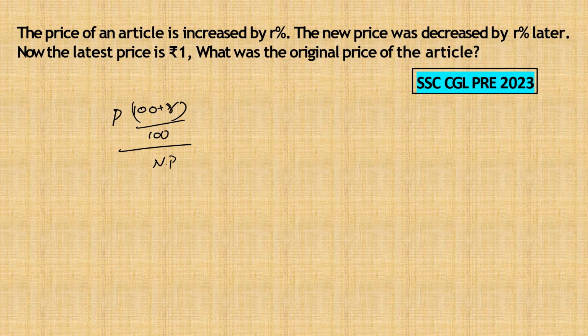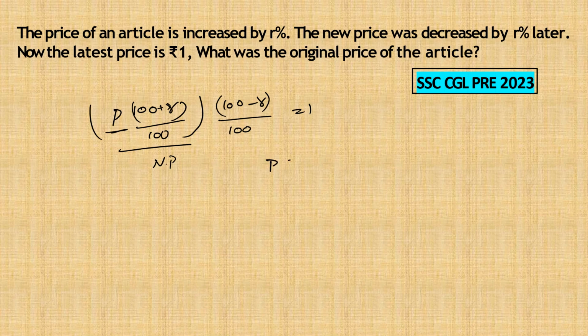Then it was decreased by r%, so 100 minus r divided by 100. Now the latest price is rupees 1. What was the original price of the article? We need to find the value of p.